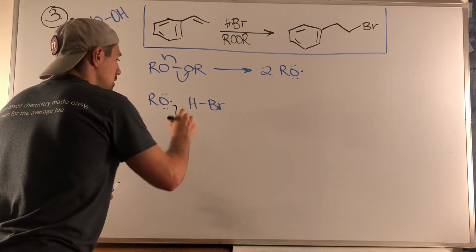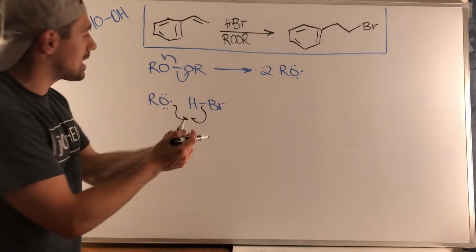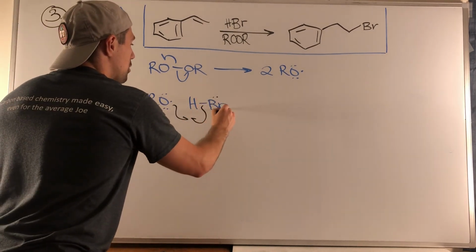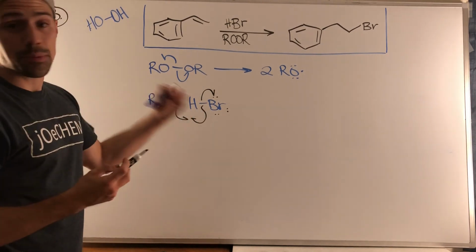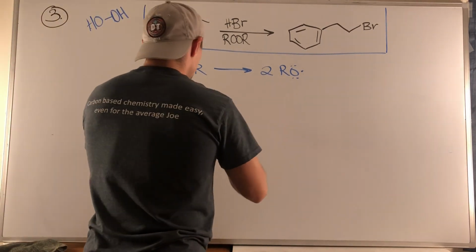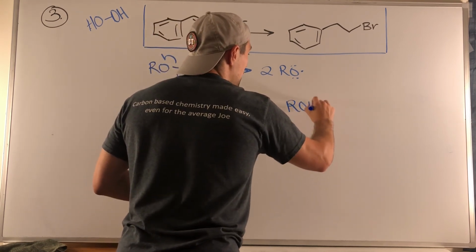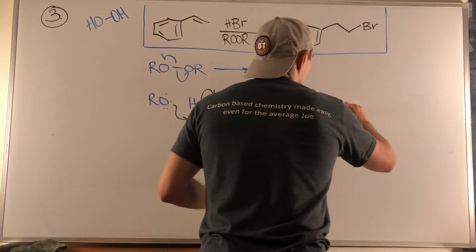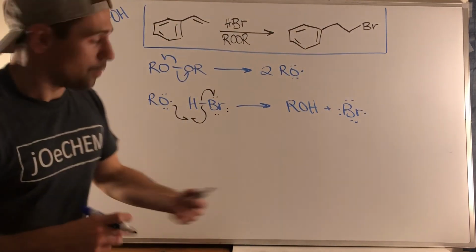One electron reaches out, hydrogen takes one electron and reaches out, they form a bond together, and that leaves bromine to take the other electron in the former HBr bond. What we get after that is some generic alcohol that we don't care about anymore, but we get the very coveted, what we need to move forward, bromine radical, okay?